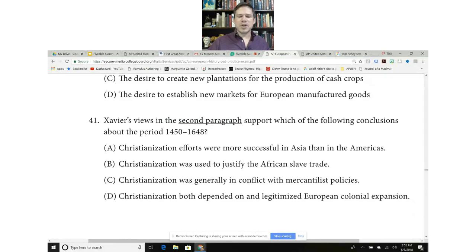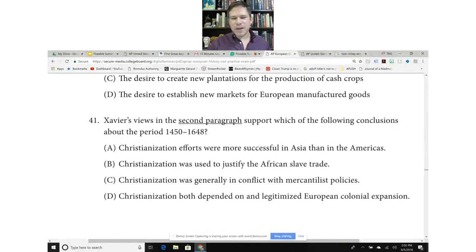Christianization efforts were more successful in Asia than the Americas. Intuitively, if the student has content knowledge, that's obviously not true, because the Americas were thoroughly Christianized, Asia was not. Christianization was used to justify the African slave trade.